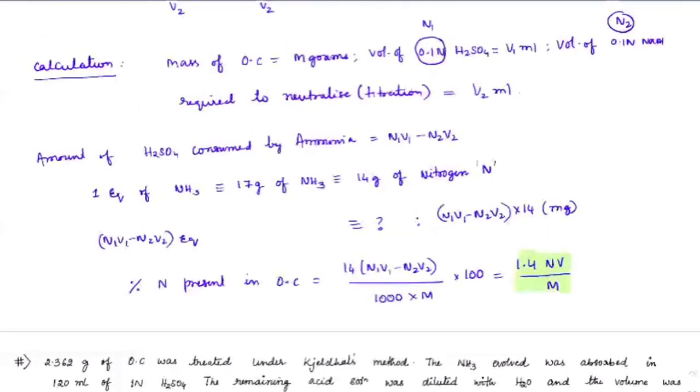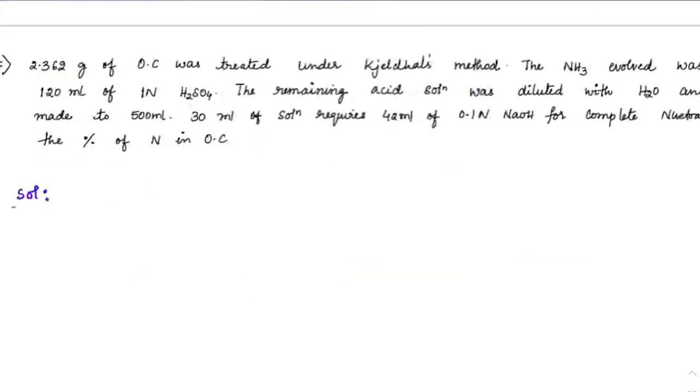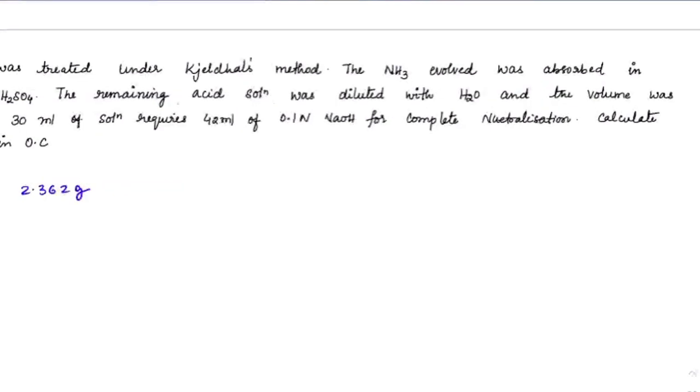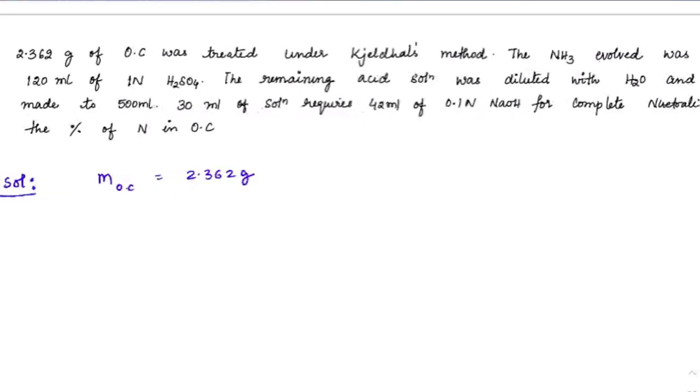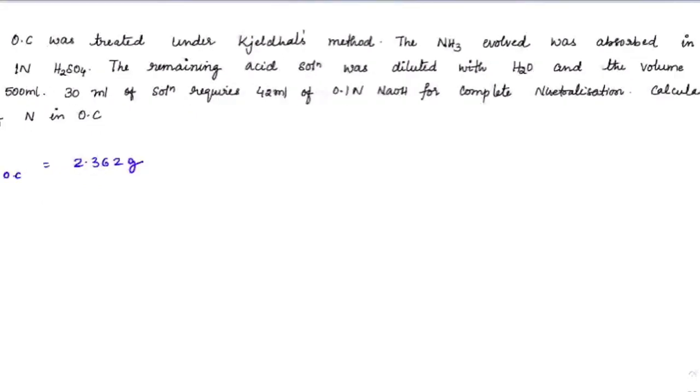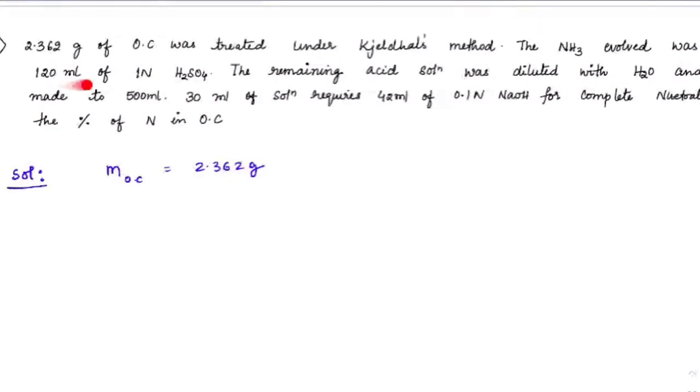Please try this question. I will write all the information. Mass of organic compound is 2.362 grams. Then ammonia was evolved, and the N1 V1 you can see given here: N1 is 1 normal, V1 is 120 ml.